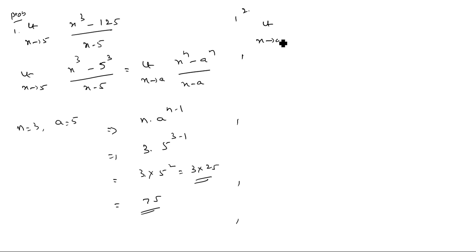And the next one, limit theta tends to 0, sin 4 theta by theta. So here we write it as limit theta tends to 0, sin 4 theta by 4 theta into 4.